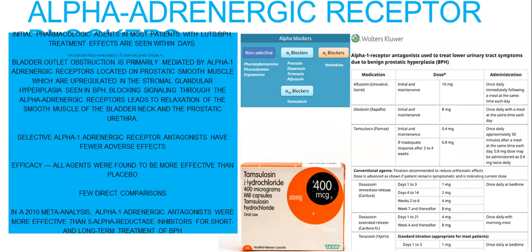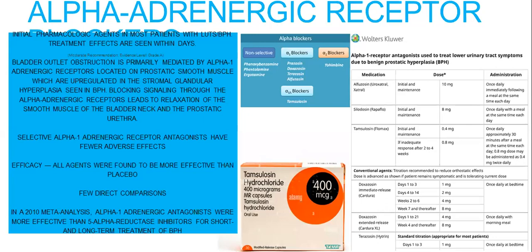Moving on to our medication and treatment options, alpha-adrenergic blockers are the initial pharmacological management in most patients with BPE and LUTS, and the treatment effect is often seen within days. Bladder outlet obstruction is primarily mediated by alpha-1 adrenergic receptors located on the prostatic smooth muscle, and they are upregulated in the stromal glandular hyperplasia seen in BPH.